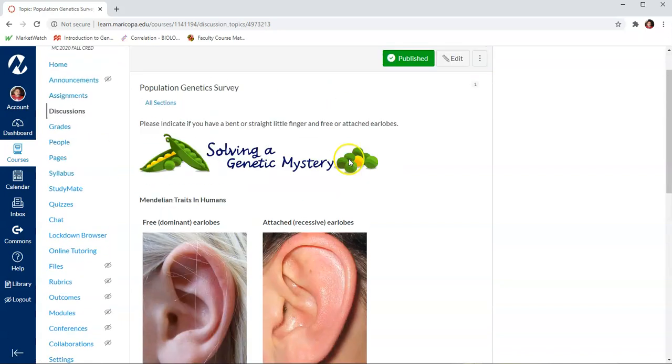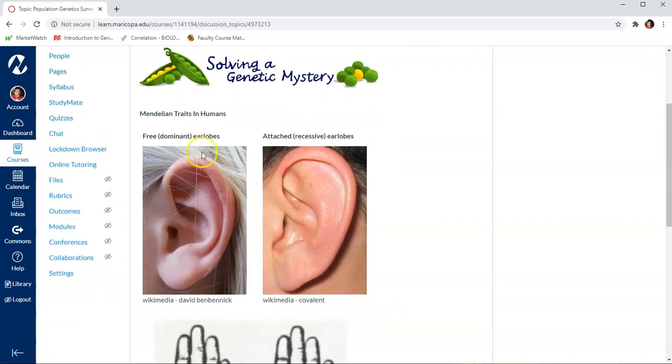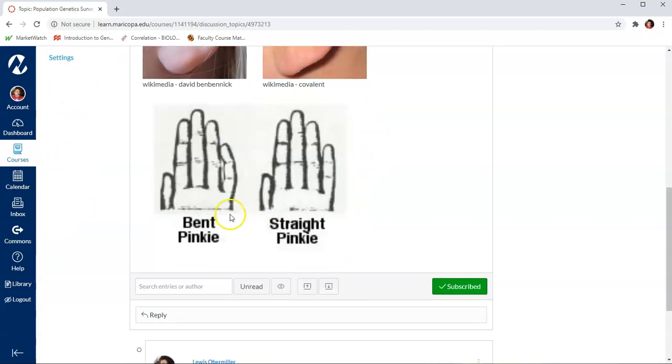If we look at that post, you'll see it's asking you to help solve the genetic mystery in humans. So there's Mendelian traits that include free earlobes, which means that the earlobe is very distinct, or attached, where it really is not. And then you have a bent little finger or a straight little finger.